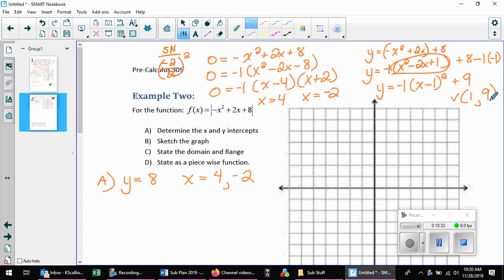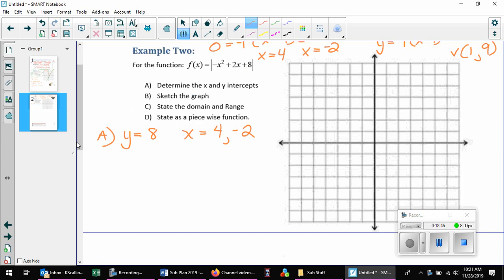Which way is my graph open? A little bit. Not happy about this, but we'll get through it. Okay, so I need to do some fancy numbers.